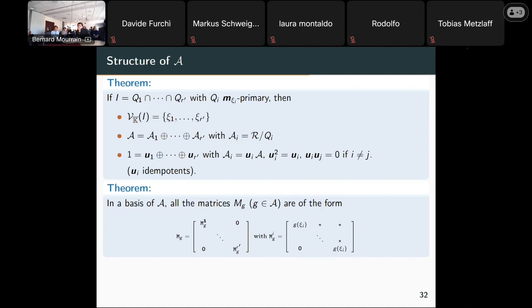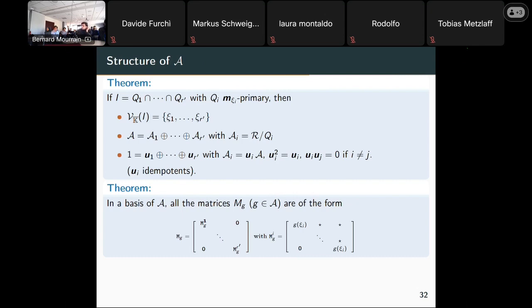Implying that all these operators of multiplication have a decomposition in diagonal blocks corresponding to each of these subalgebras. And each of these blocks is upper triangular, where you read here the multiplicity of the root and the value of the G here at the root.